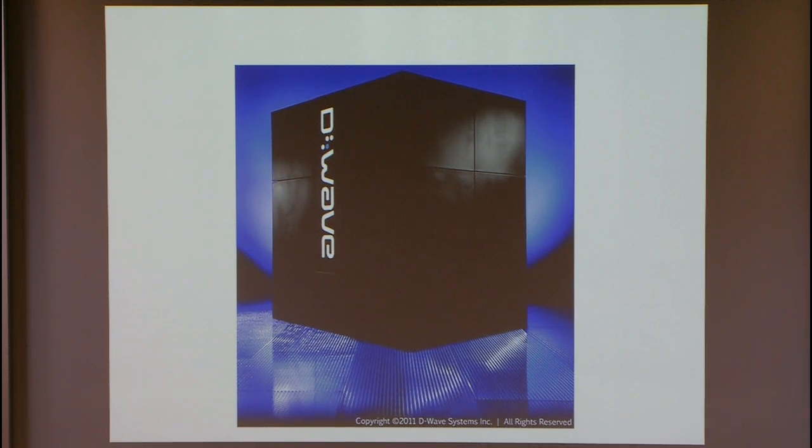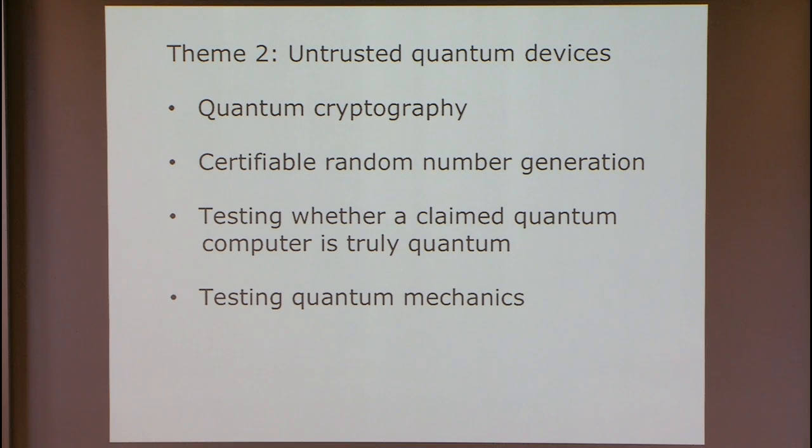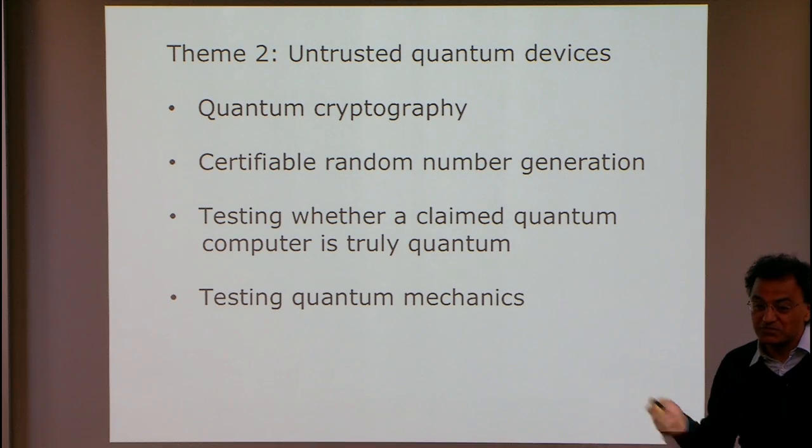Now, this theme of untrusted quantum devices comes up in many contexts: in cryptography, in this field called certifiable random number generation, the notion that you can use quantum mechanics to generate true randomness. But if you want to actually test it, how do you certify that the output is actually random? It also comes up in testing whether a claimed quantum computer is truly quantum, like with a D-Wave machine, and even in testing quantum mechanics itself. I'll say a little more about this as we go along.